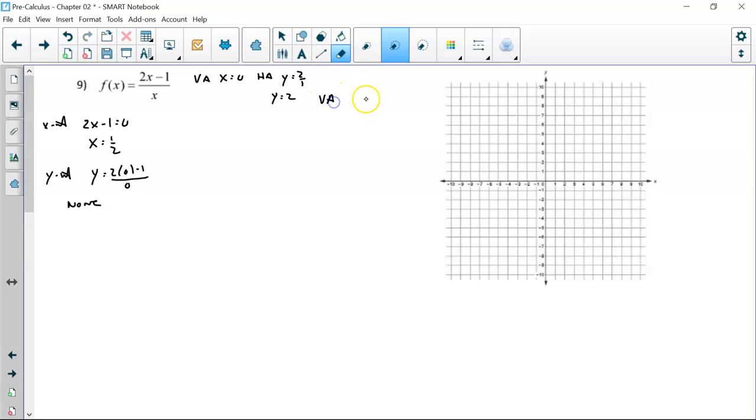So our vertical asymptote, x equals 0. Horizontal asymptote, y equals 2. X-intercept is at 1/2, 0. Y-intercept, there is none.